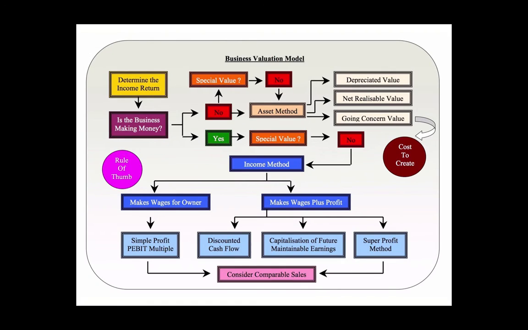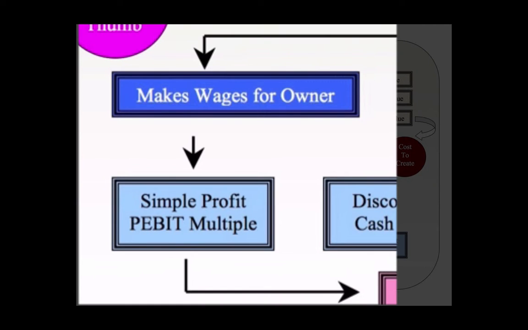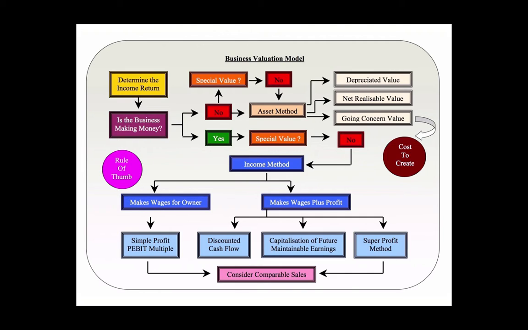There's a lot of small businesses out there that owners just see as their wage. So it's what might be called an owner's return, and the method to value a business according to such an income stream is the simple profit PBIT multiple, proprietor's earnings before interest and tax.